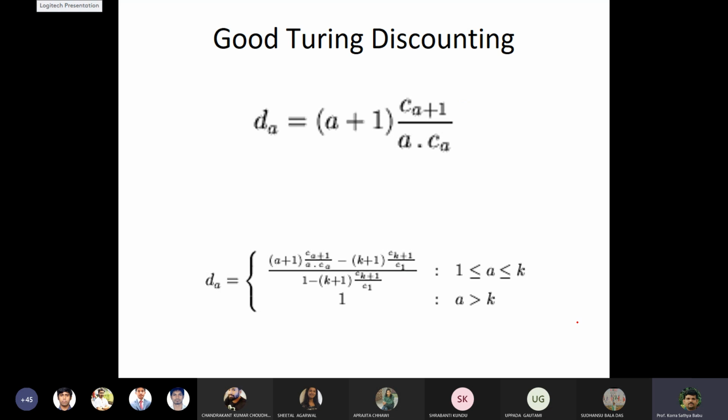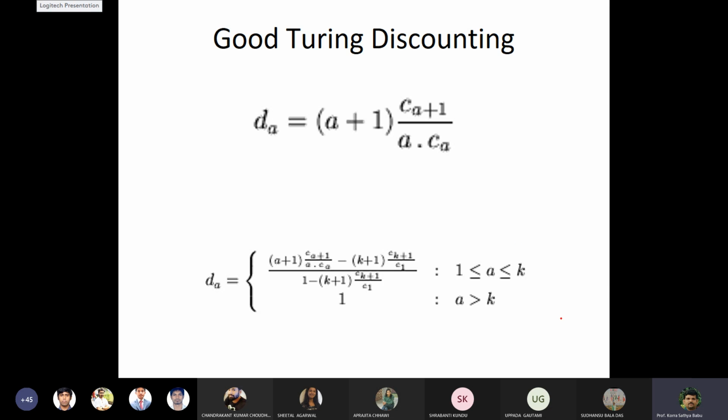Another method that is usually used is the Good-Turing discount method, as given here. This is also a maximum likelihood estimate, proposed by Good and Turing.